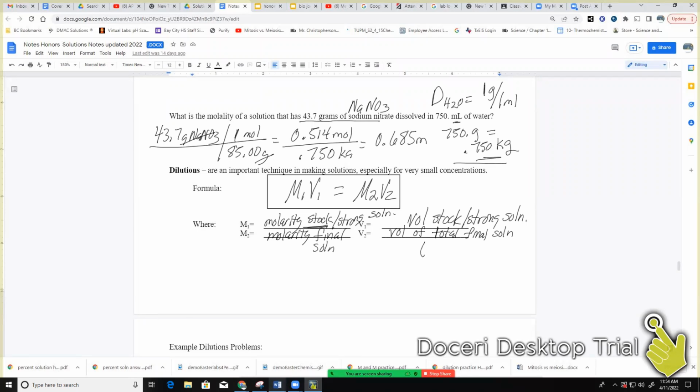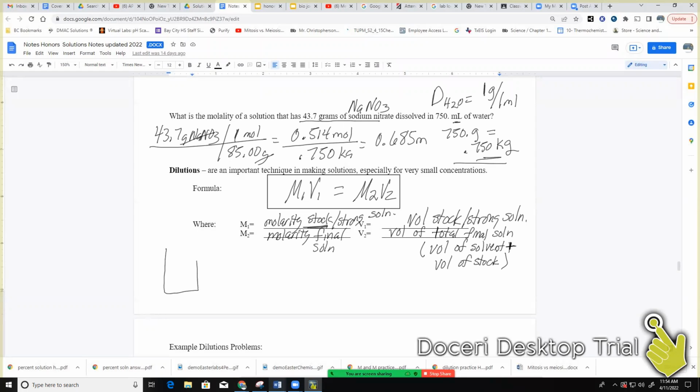So in that final solution, I'll have my volume of solvent, but I also have added to that the volume of the stock solution. So when you figure out V2, that's not just telling you how much water you need to add to your stock solution. That's telling you how much you will end up with at the end.